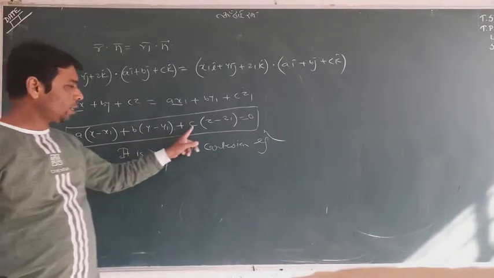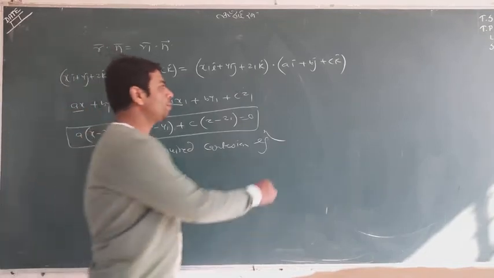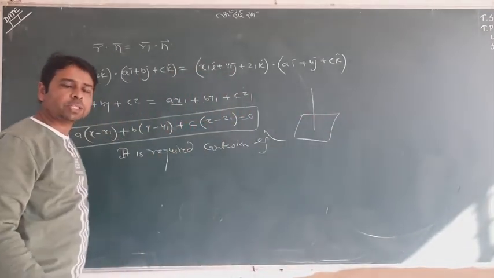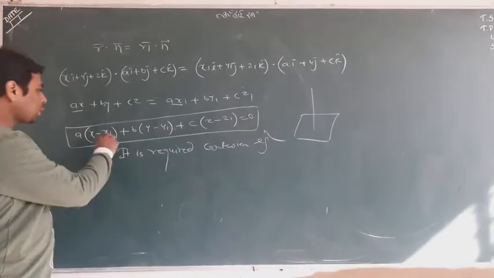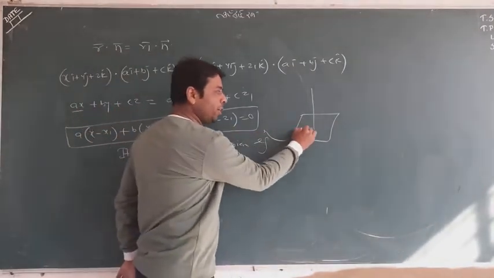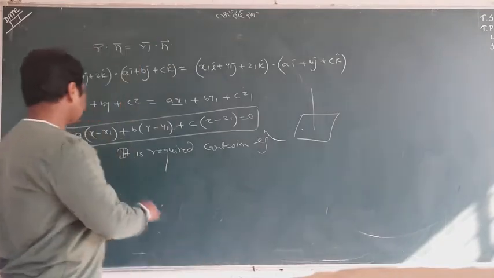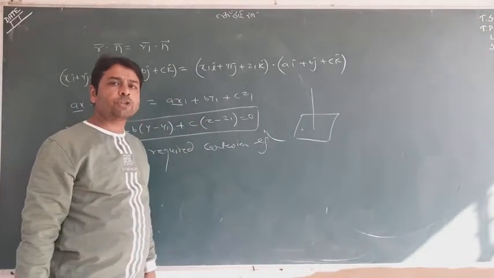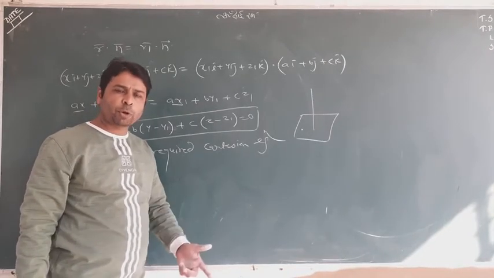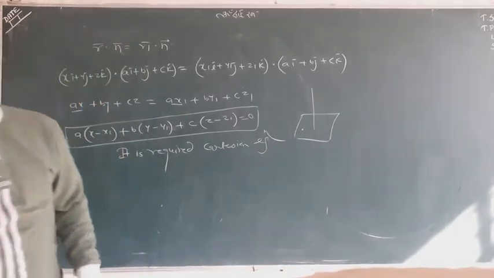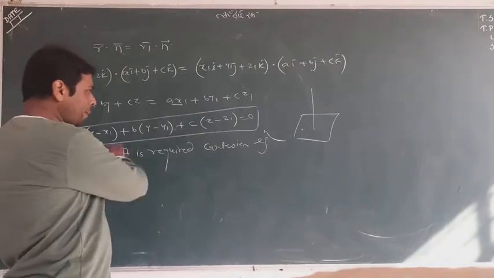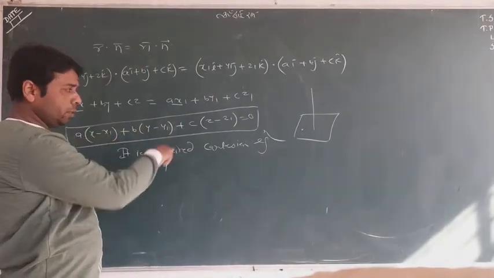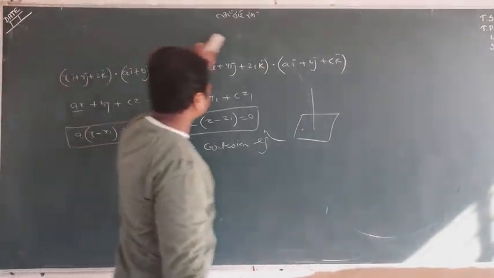A, B, C are the ratio of the normal of the plane, which actually creates n. x1, y1, z1 is a point through which the plane passes. x, y, z is a genuine point, a natural point, a variable point on the plane. You don't have to worry about that. So this is the way, remember the formula for when we will use it. This is the vector form, this is the Cartesian form. Okay, now let me run this.